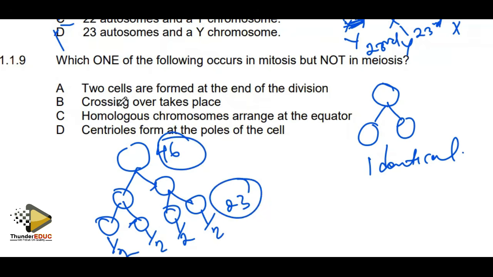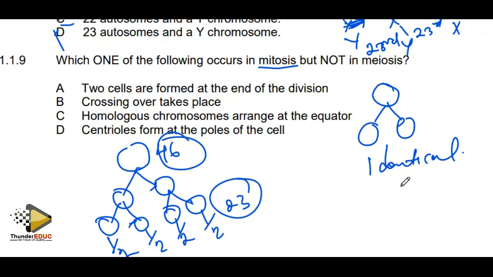So now what happens here in the question? They're saying that two cells are formed at the end of the division. They're saying which one of the following occurs in mitosis, so we are comparing mitosis over meiosis. It means that the first statement must belong to mitosis and the second statement must belong to meiosis.